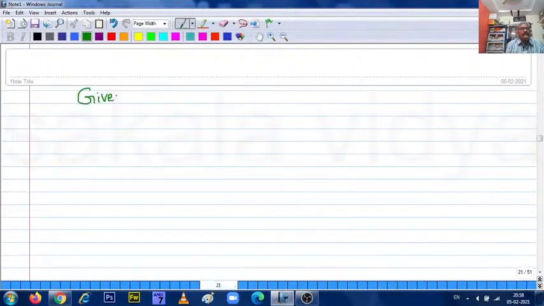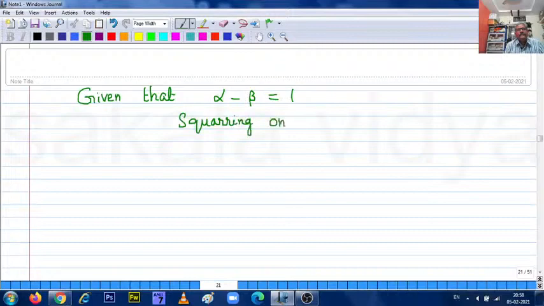Given that they differ by 1, alpha minus beta is equal to 1. Squaring on both sides. On squaring, what do you get now here? Alpha minus beta whole square equals 1 square.